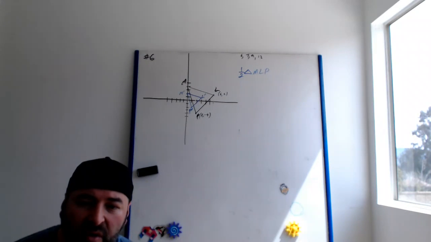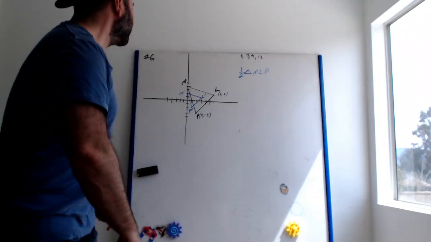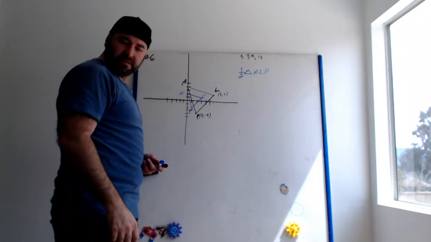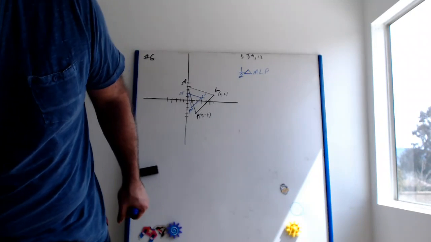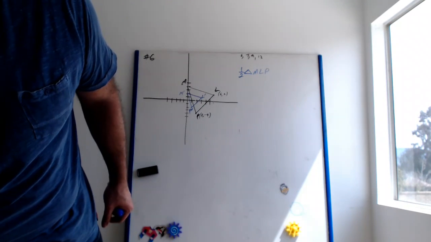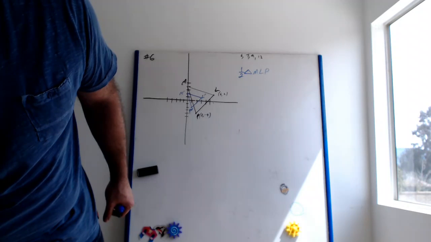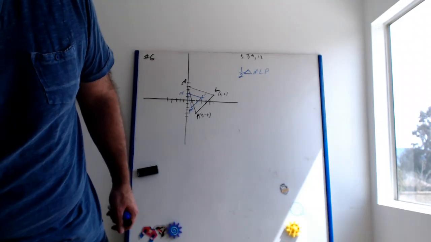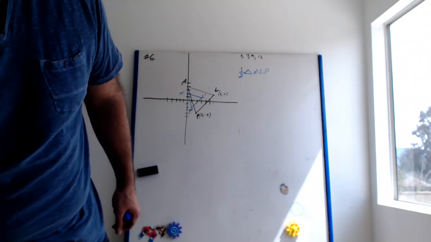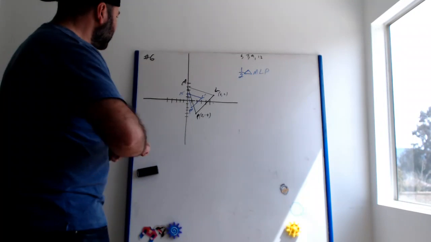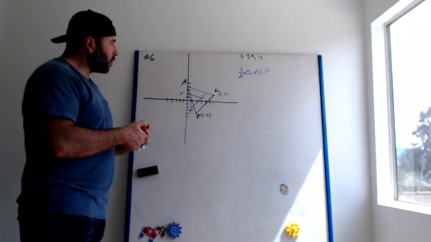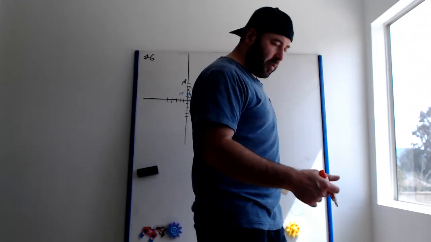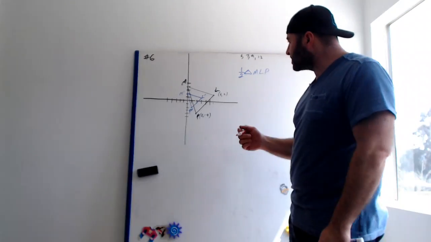Okay, so if we're going counterclockwise, this is clockwise, and this is counterclockwise. Let's do counterclockwise in red. When we rotate counterclockwise, we have to think about what happens to my x and my y values.